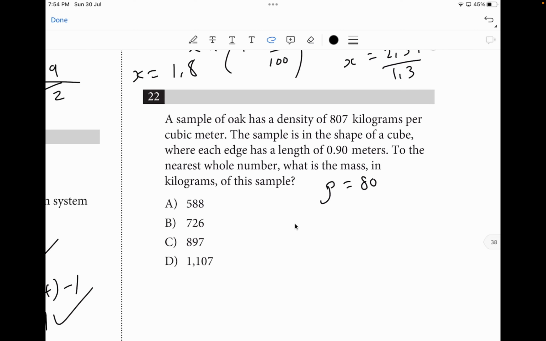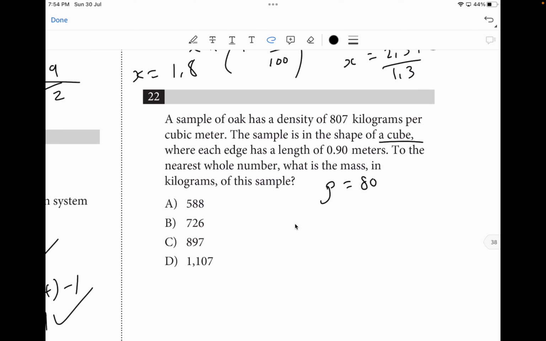It's given to us that the sample is in the shape of a cube with edge lengths of 0.9 meters.